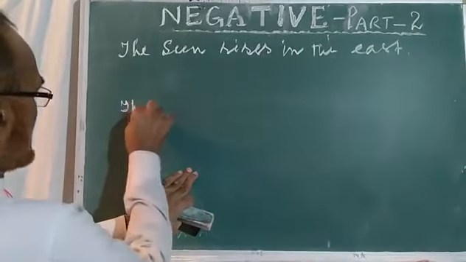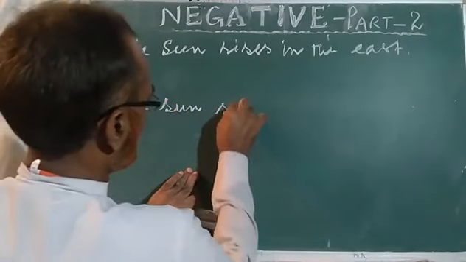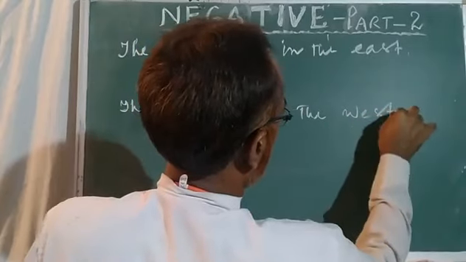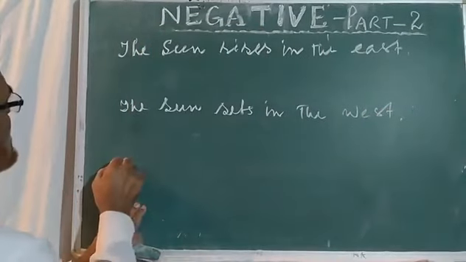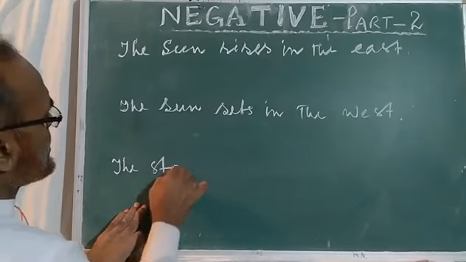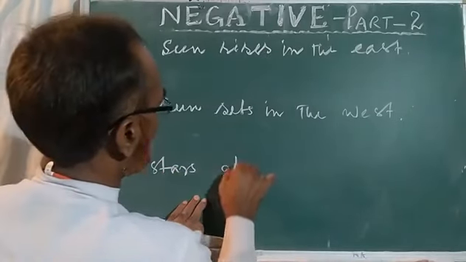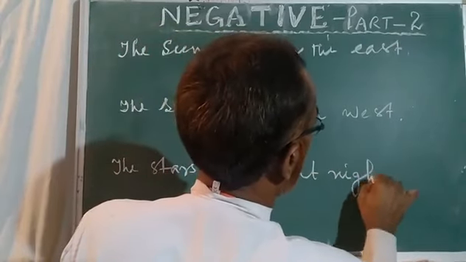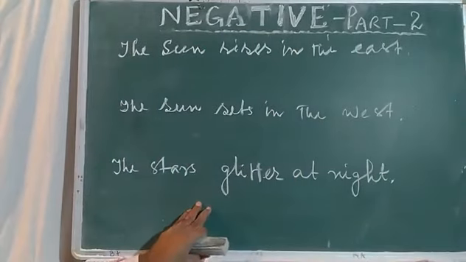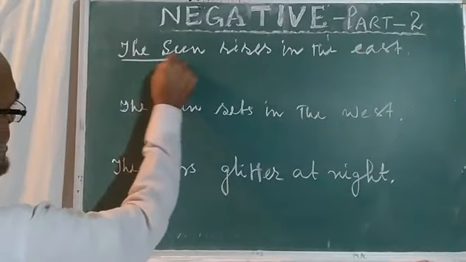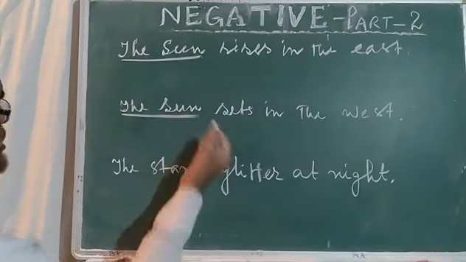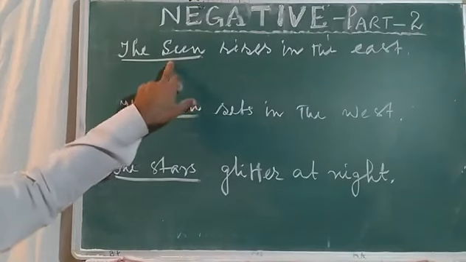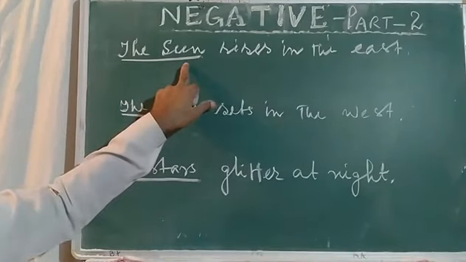Like this, the sun sets in the west, the stars glitter at night. The sun, third person singular number. The stars, third person plural number. The subject of the first sentence is third person singular number.